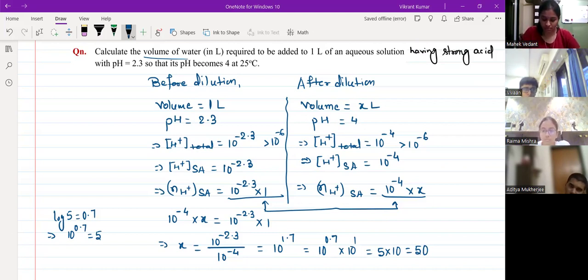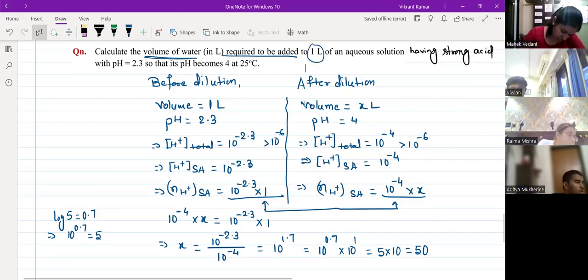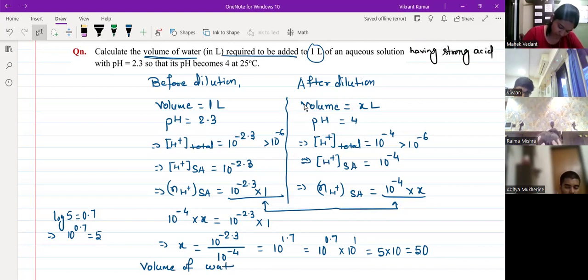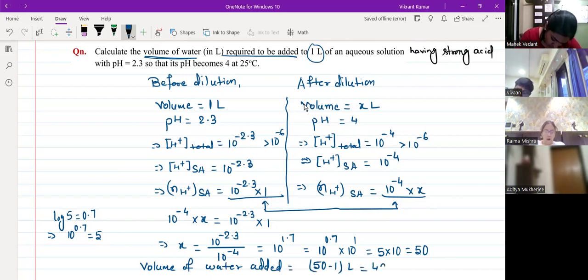Okay, why 49? Because it is asking the volume of water required to be added, and 1 liter was already there, the total afterwards is 50, so that means we have added 49 liters. So volume of water added will be final volume minus initial volume, and that is 49 liters.